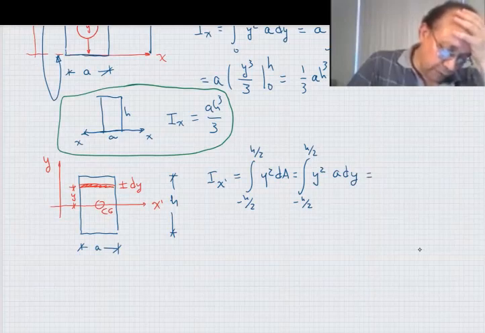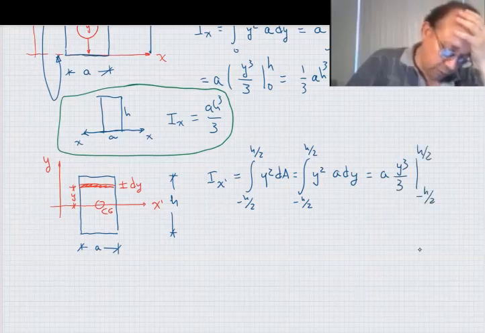So this will be a times the integral of y squared dy, that will be y cubed over 3 from minus h over 2 to h over 2.